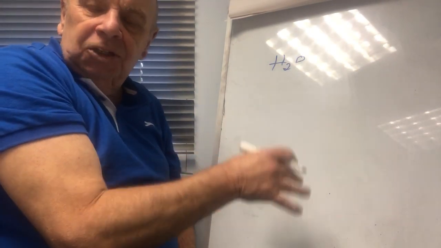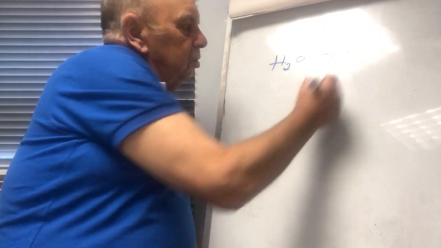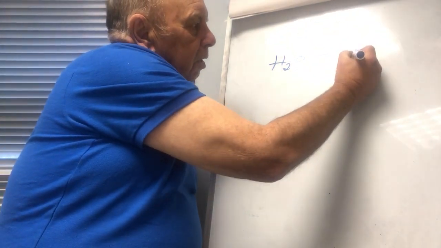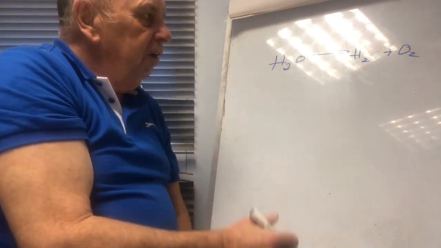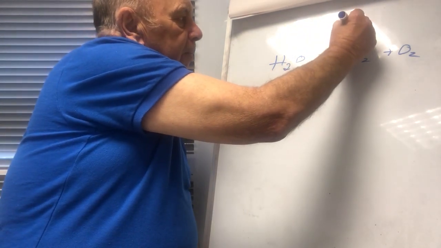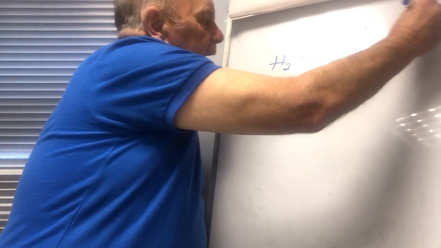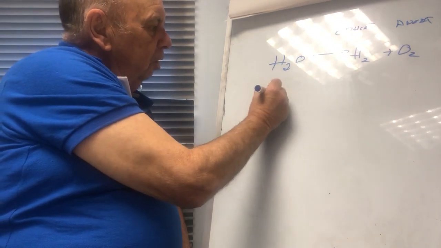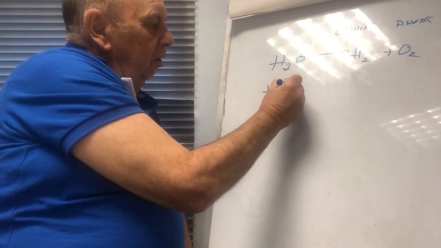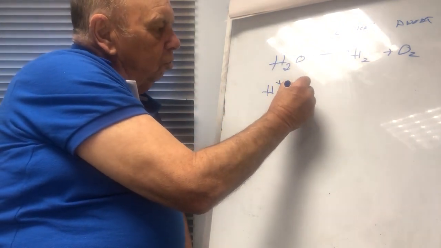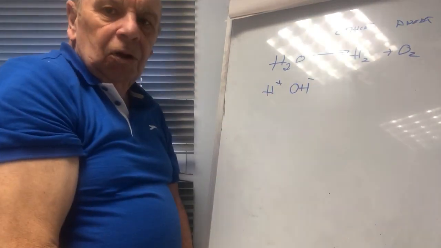I add a drop of acid to that to make sure it's completely ionized, and when I electrolyze water I get hydrogen gas coming off at the cathode and oxygen at the anode, because what's happened is the hydrogen ions have migrated to the cathode and the hydroxyl group has migrated to the anode to give me oxygen.